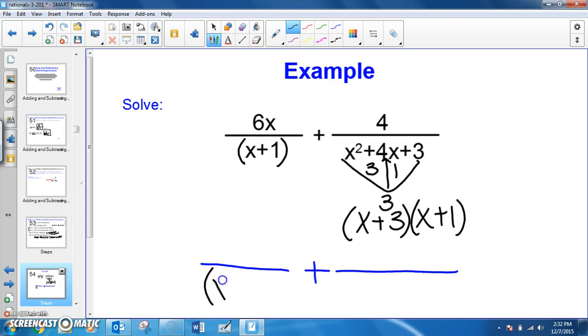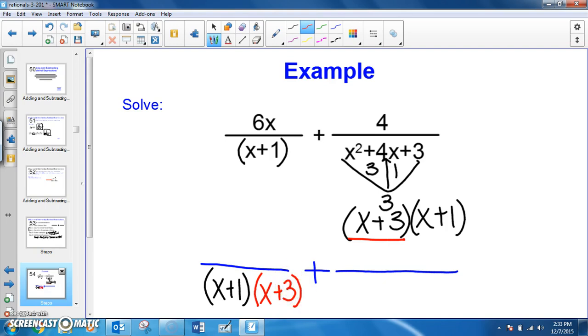I am writing x plus 1. Then I need to check my second. So the first factor is x plus 3. Since there is not an x plus 3 in my common bars, I am going to write x plus 3.